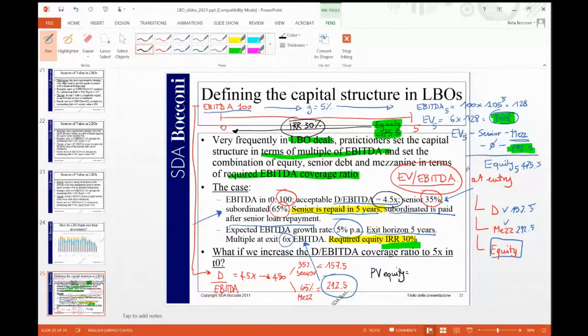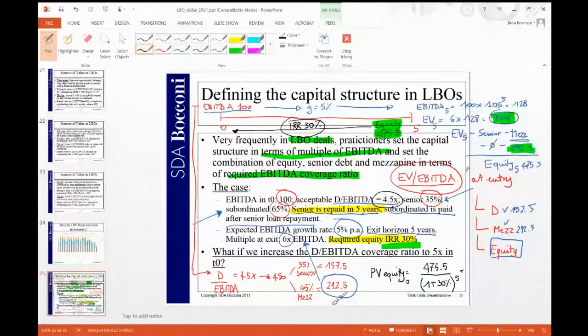private equity investor. The present value of the equity in T0 will be 475.5 divided by 1 plus 30% internal rate of return, to the power of 5.